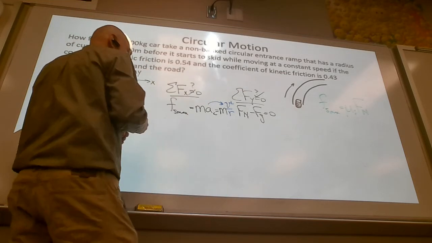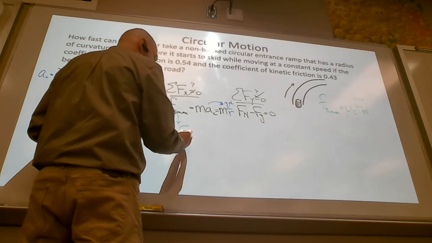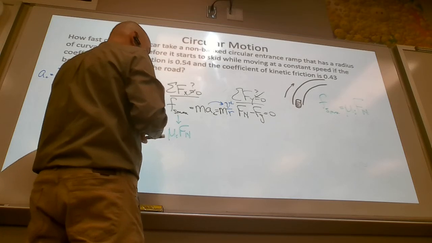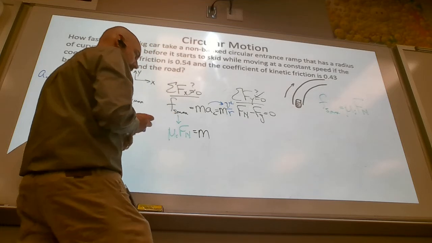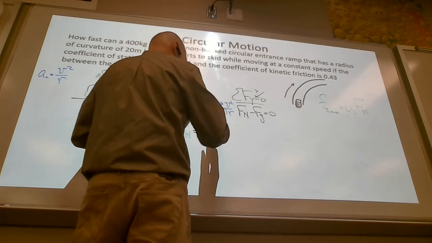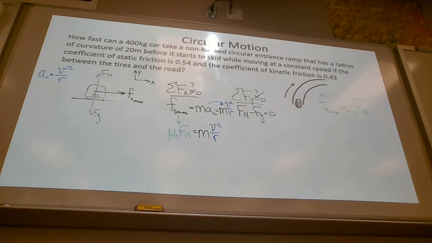I'm going to substitute that in here straight away. Coefficient of static friction times normal force is going to be equal to mass times speed squared over the radius. See what I'm doing there? I'm substituting rather than plugging in numbers. You can plug in numbers if you want, that's fine.